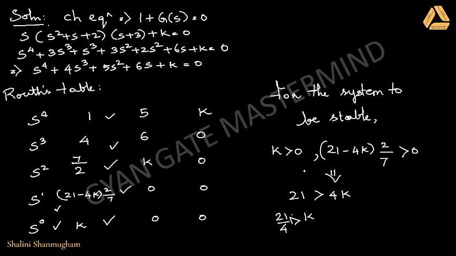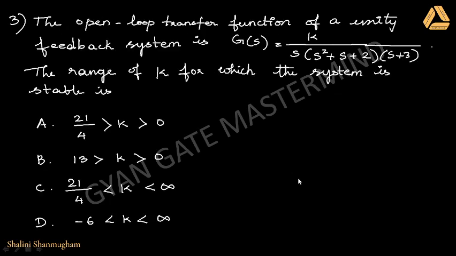So combining this one and this one, we will be getting that k is less than 21 by 4 but greater than 0. So the answer is A1. This is the answer for the third question.